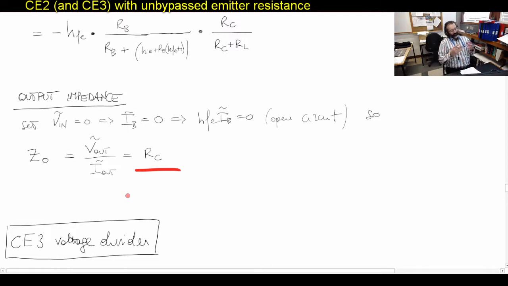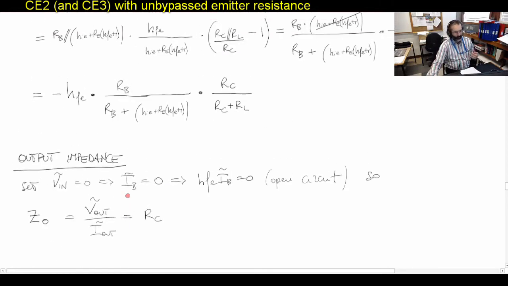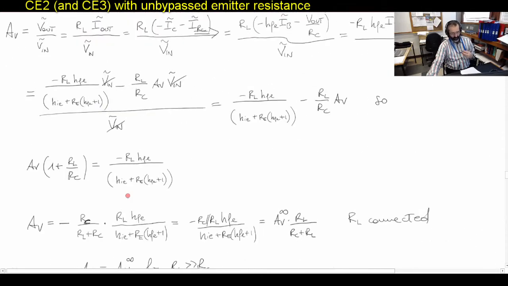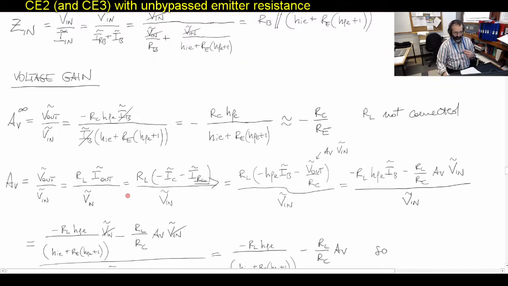So I really wanted to show you this application for the case when we did not introduce CE at all in the circuit. The key result is this one here, that AV infinite would depend only on external parameters that we introduce, RC and RE.